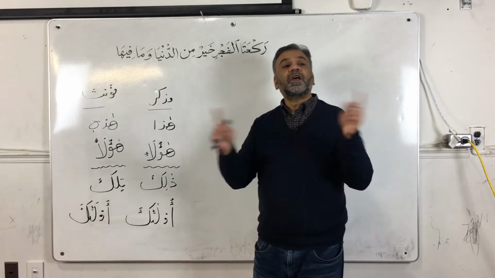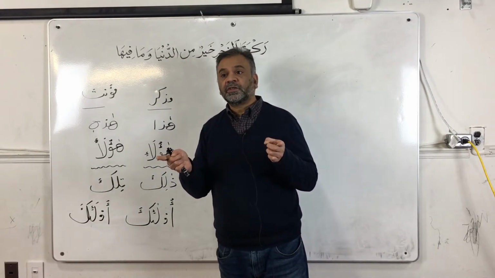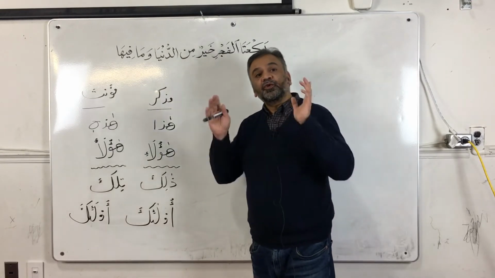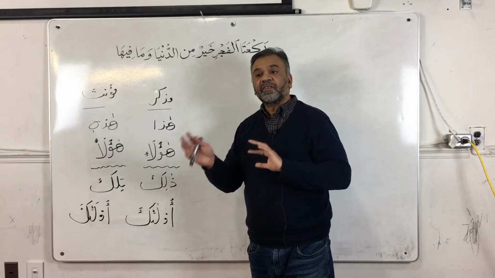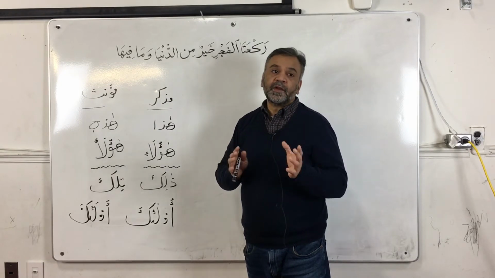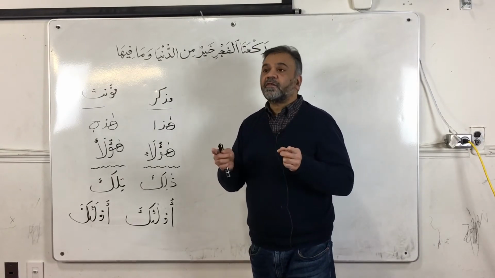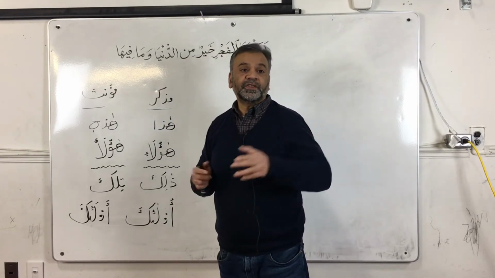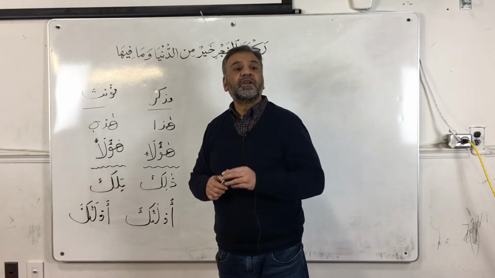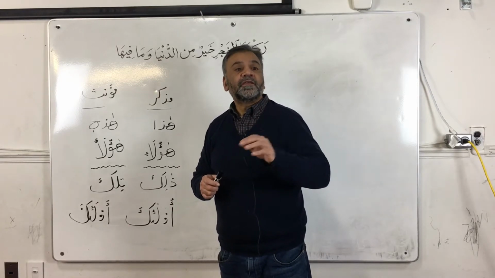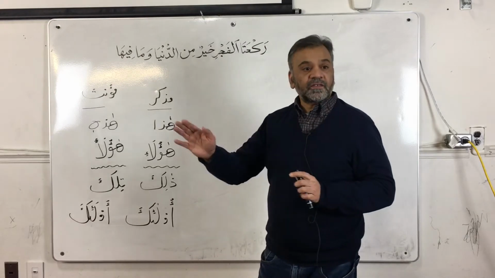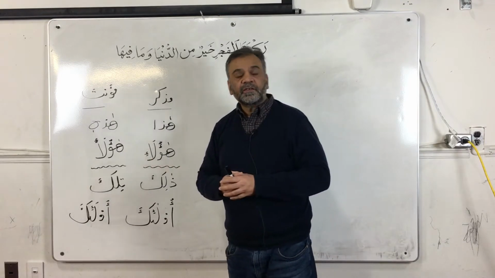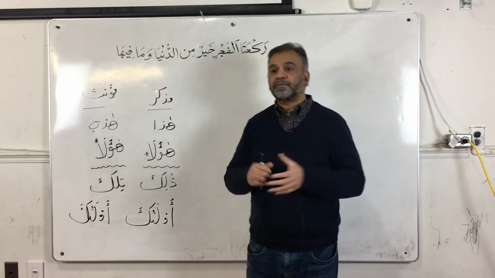So, we do not distinguish in a plural sense when it comes to the ismu ishara between masculine and feminine. The context of the sentence will tell us who we are pointing towards. Are we pointing towards the masculine gender, or the feminine gender? But when it is singular, then haza and hazihi will be very obvious and we would be able to tell.